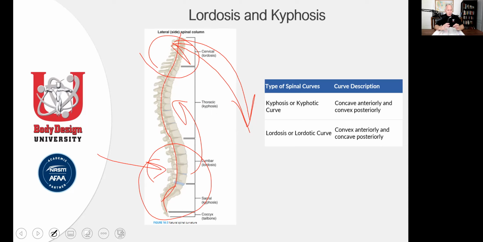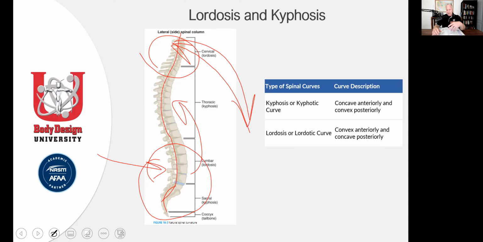So the normal curves, the normal lordotic and the normal kyphotic curves, can actually be increased, overemphasized, because of the way the muscles that are overactive are pulling on those particular areas of the skeletal system, and therefore the underactive muscles are allowing that to occur.